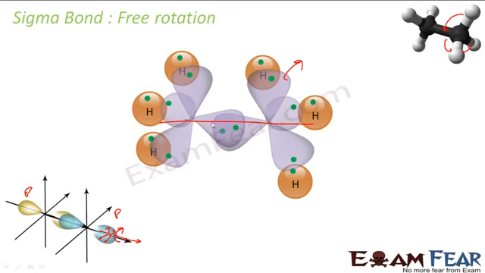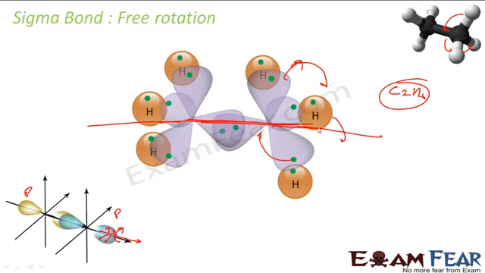It won't break, it can rotate because this has become one axis now, and these three can rotate. It can rotate like this. This is my methane actually, C2H6. That's the actual structure as proposed by valence bond theory. We'll explain more when we explain the different kinds of hybridization. Just understand what this looks like, and you can rotate this whole thing, and this is my internuclear axis. This is a p orbital, and it can rotate.